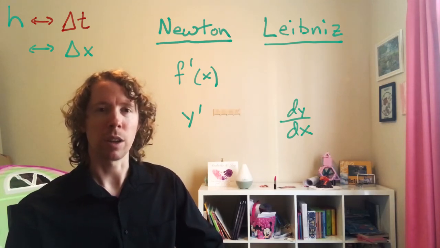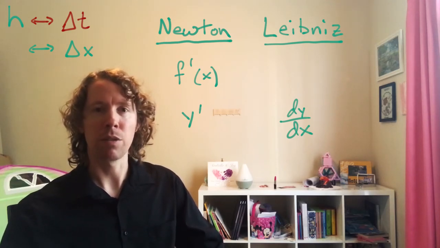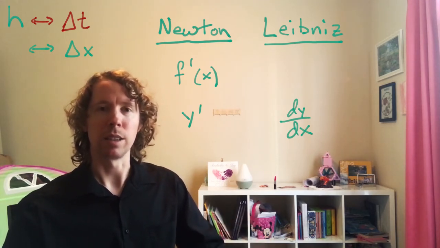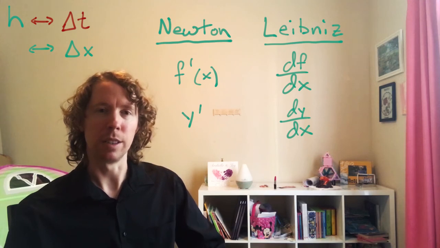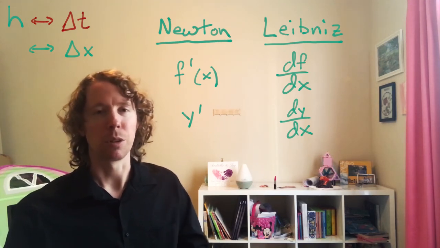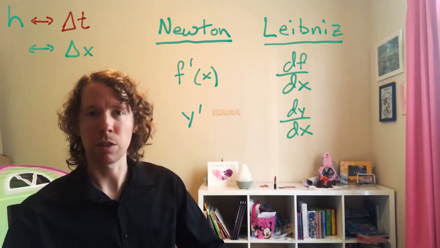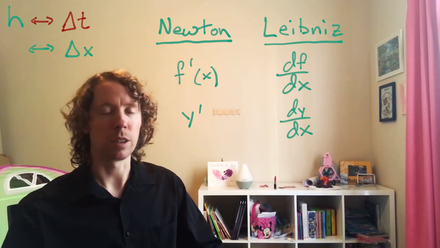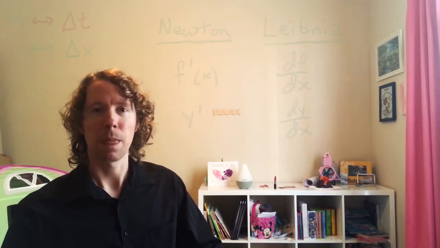And if you want to focus on the name f for the function instead of the label y, then you would write it as df over dx. So just a couple of different sets of notation that you need to get used to. The verbiage that you need to know is derivative. All it means is instantaneous rate of change, which we know how to calculate using the method of increments.